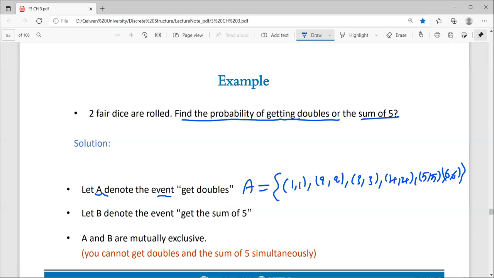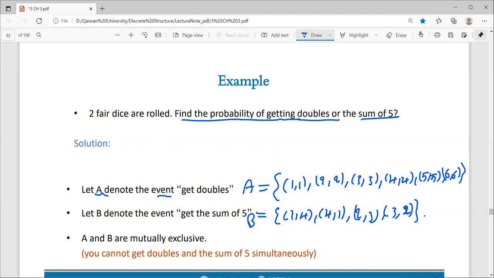And we let B denote the event of getting a sum of 5. In rolling 2 dice, it could be 1 and 4, and also 4 and 1, 2 and 3, and also 3 and 2. We have no more options here. As you see, this is B.